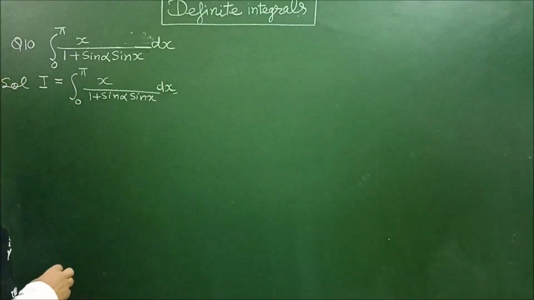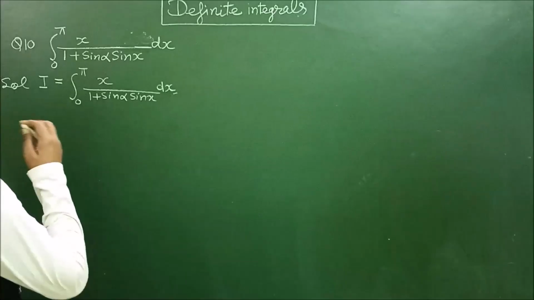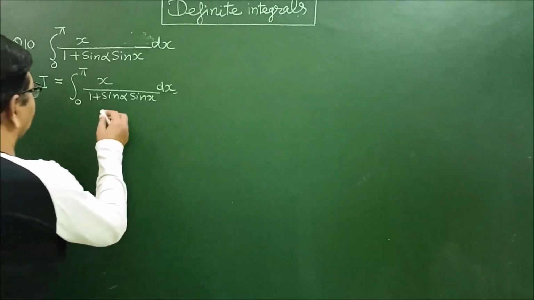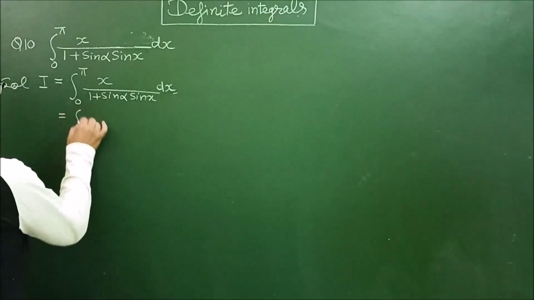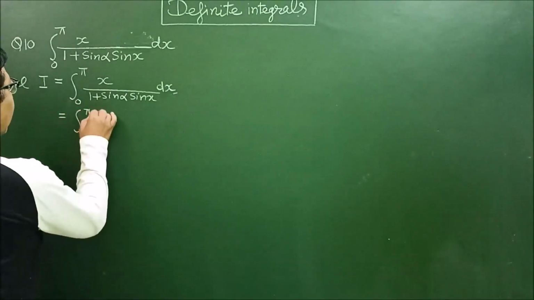Now using the property of integral 0 to a f(x) dx, this is also equal to integral 0 to a f(a minus x) dx.